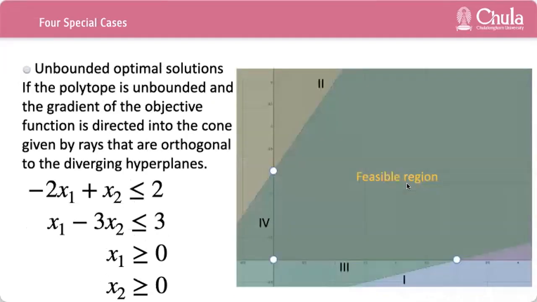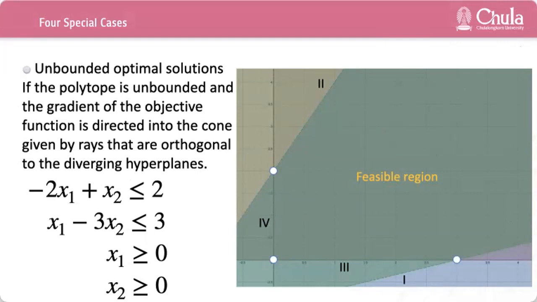The next one is unbounded optimal solution. In the case of unbounded optimal solution, the feasible region is not closed, it's open in this direction. So we can move in this direction if we want to maximize and our objective function points this way. We can move to any point as much as we want, because we are not restricted by the feasible region, because the feasible region is open.